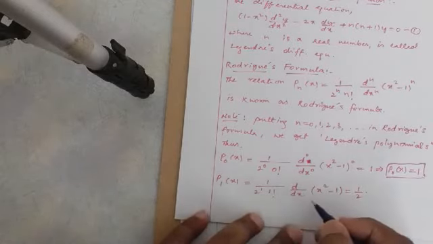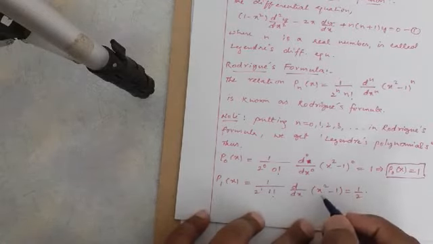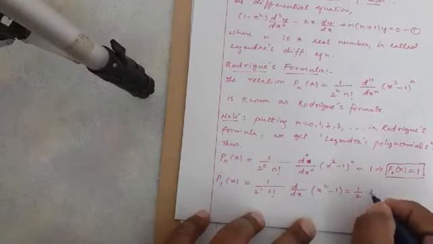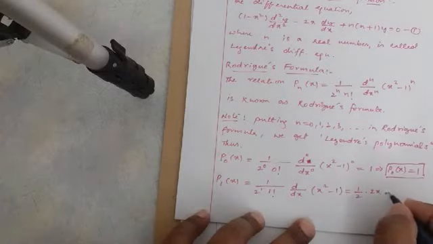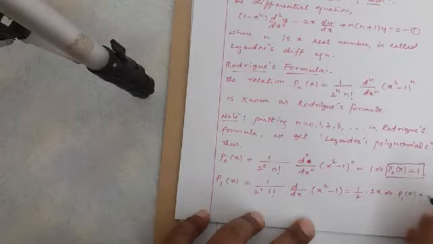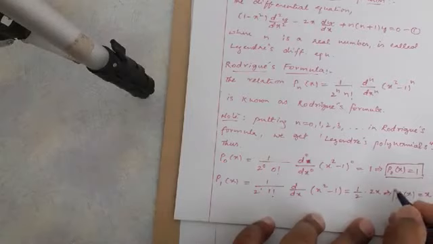So 1 by 2 d by dx of x square minus 1. When you differentiate x square, that becomes 2x, and d by dx of 1 is 0. When you cancel 2, P1 of x is equal to x. So this is also a Legendre polynomial.